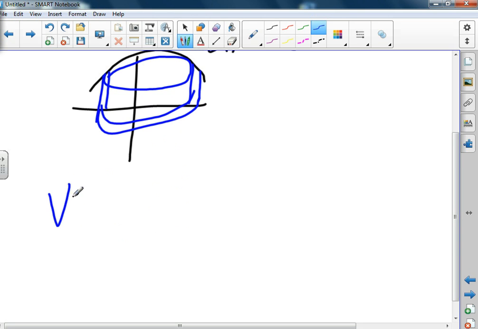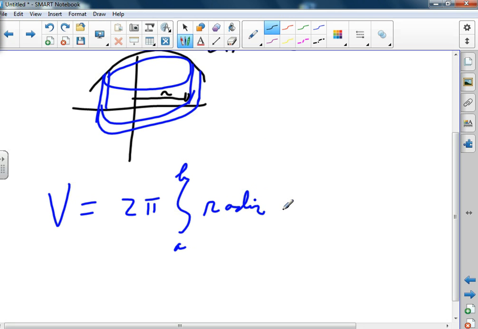And we find that we have two equations. The volume is going to be 2 pi integral from someplace to someplace else of the radius, so that there's the radius r, times the height, so here's the height, h, times the thickness. So that's the plan.